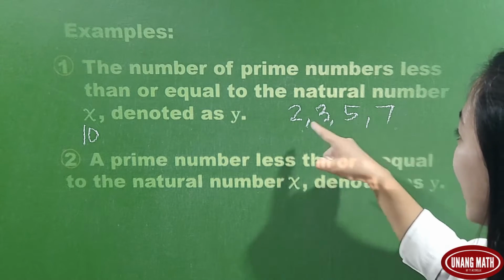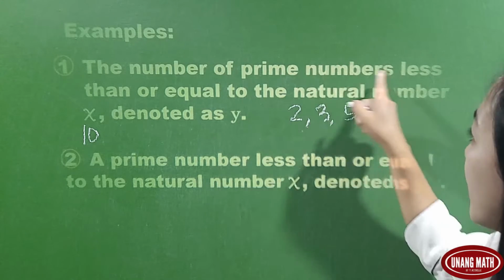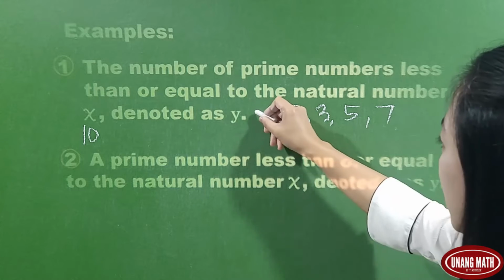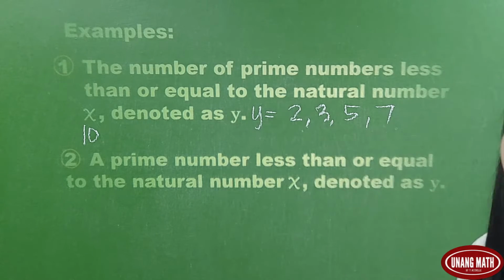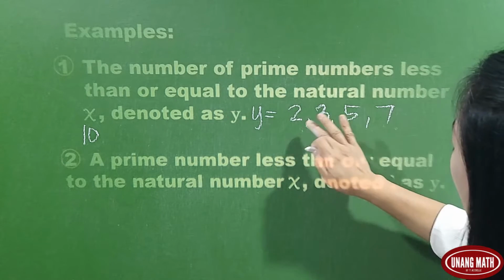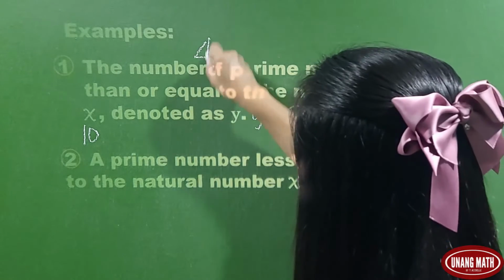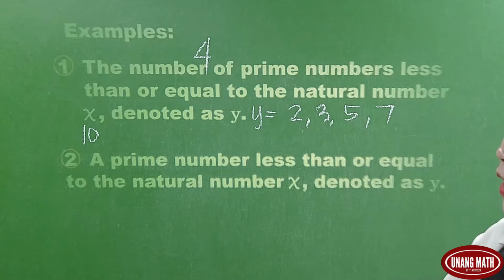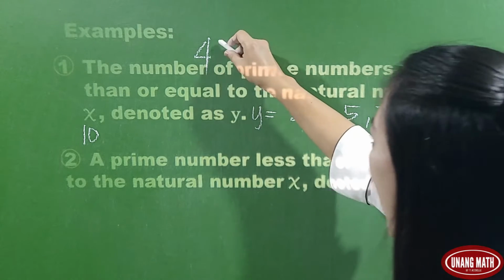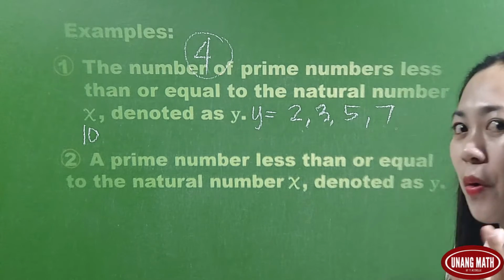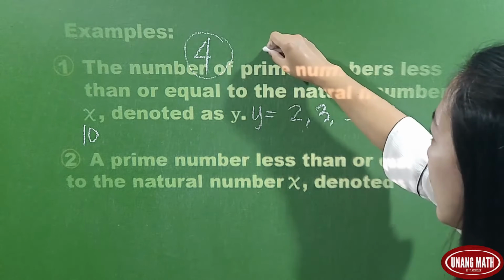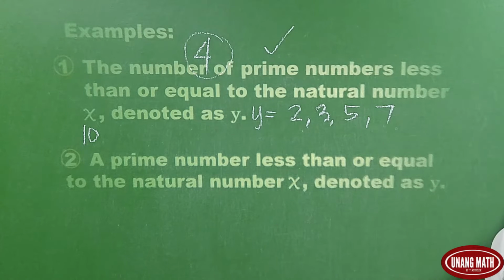These are the prime numbers less than or equal to 10. So this is our y. It's asking for the number of prime numbers: 1, 2, 3, 4. So the answer is 4. Is this a function? The answer is yes, because we only have one number or value for y. So number 1 is a function.